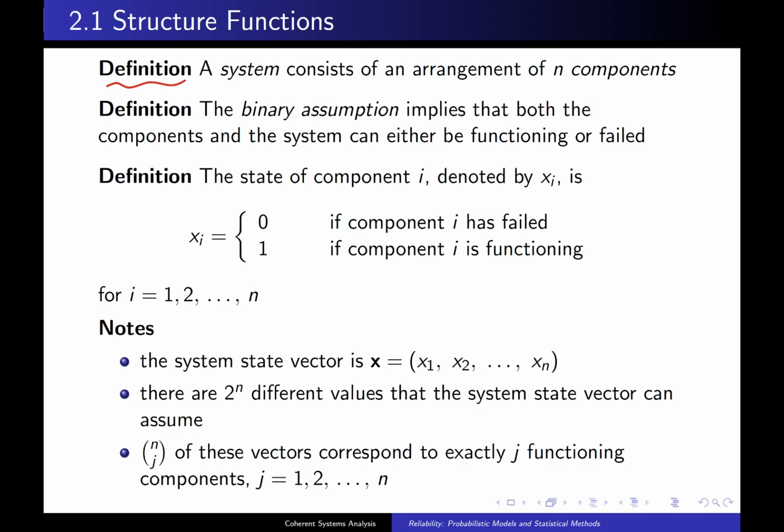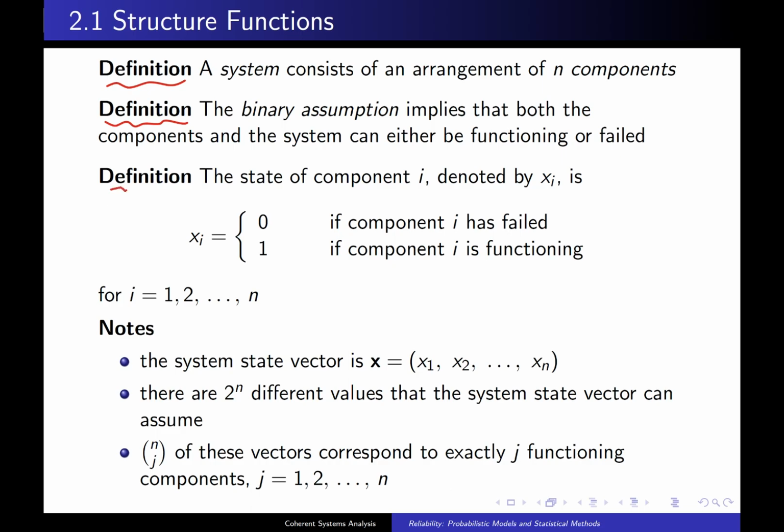Second definition, the binary assumption implies that both the components and the system can be either functioning or failed. There are some systems where you can say the system is running at 60% capacity or 80% capacity. To simplify things, we don't allow that, and we assume that not only the system but also the individual components can either be functioning or failed.